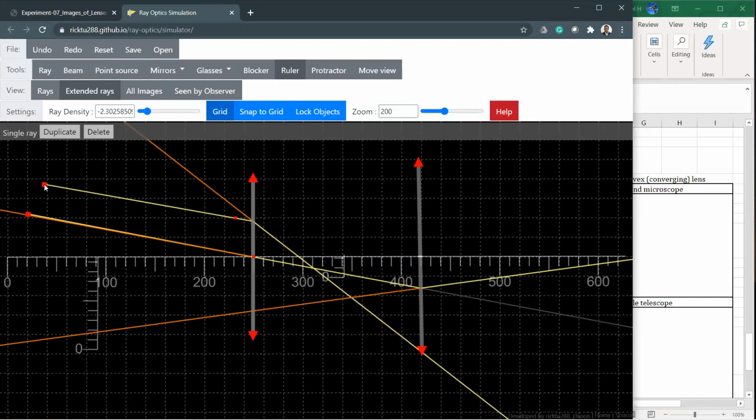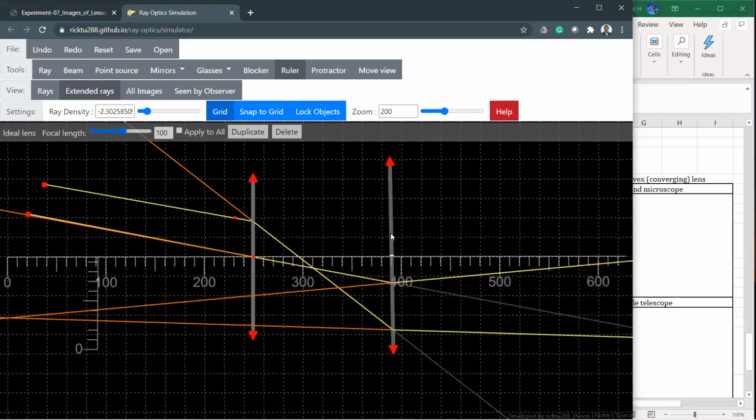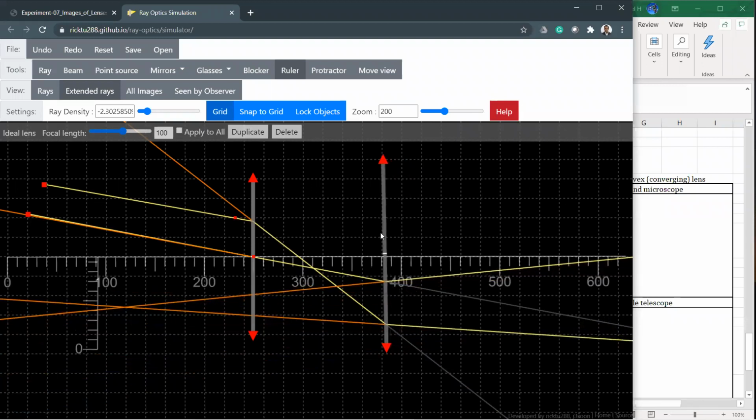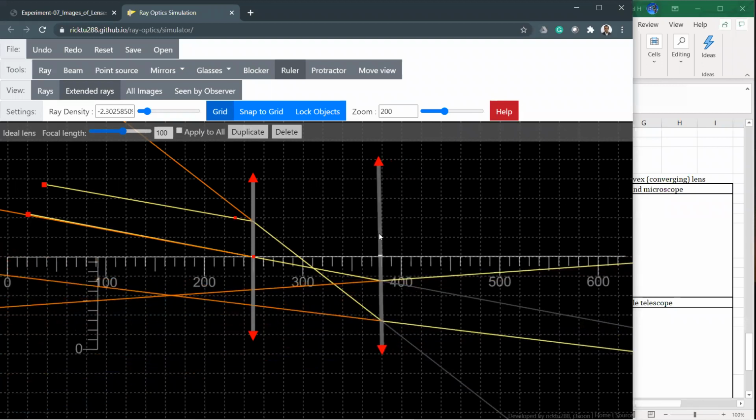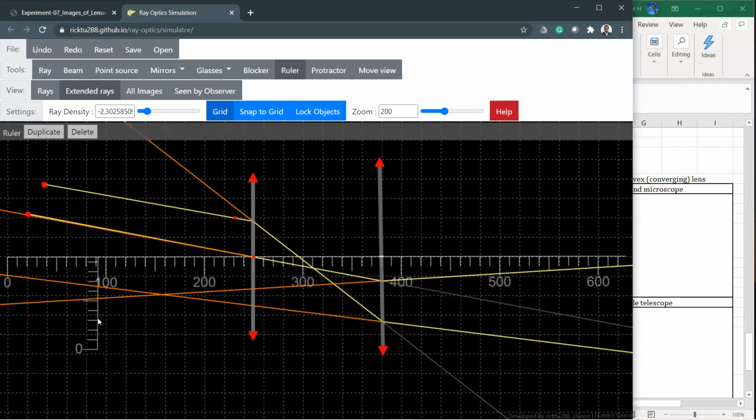You can see these two are crossing exactly at the focal point, and the image is extremely small right now. Now by using the secondary lens, we can magnify this image number one with lens number two. That's the arrangement similar to the telescope arrangement, right? Now I have a fairly larger image right here.